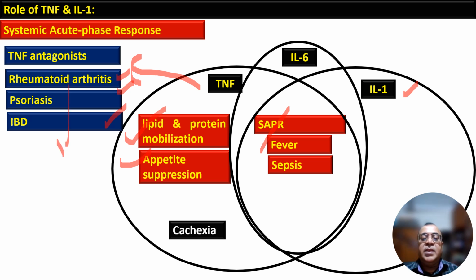The use of TNF antagonists is associated with increased risk for mycobacterial tuberculosis infection because of decreased activity of TNF to kill the invading agent. The role of interleukin 1 blockers is not well understood in the systemic acute phase response.